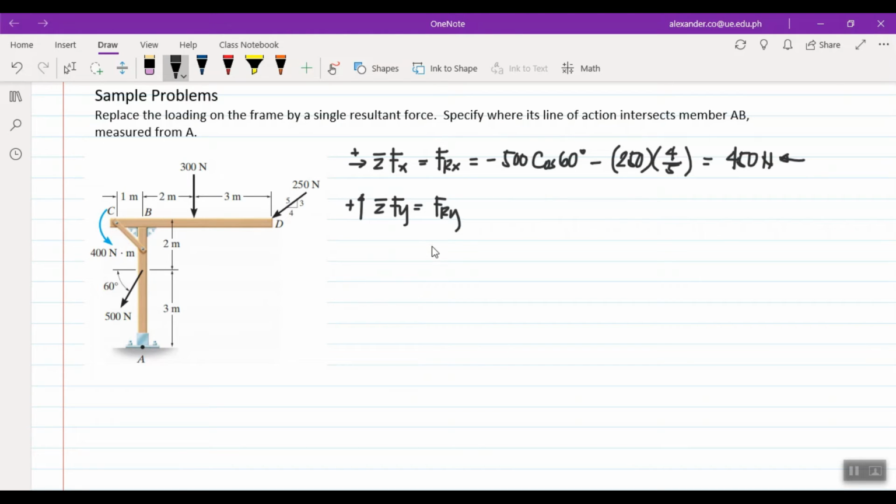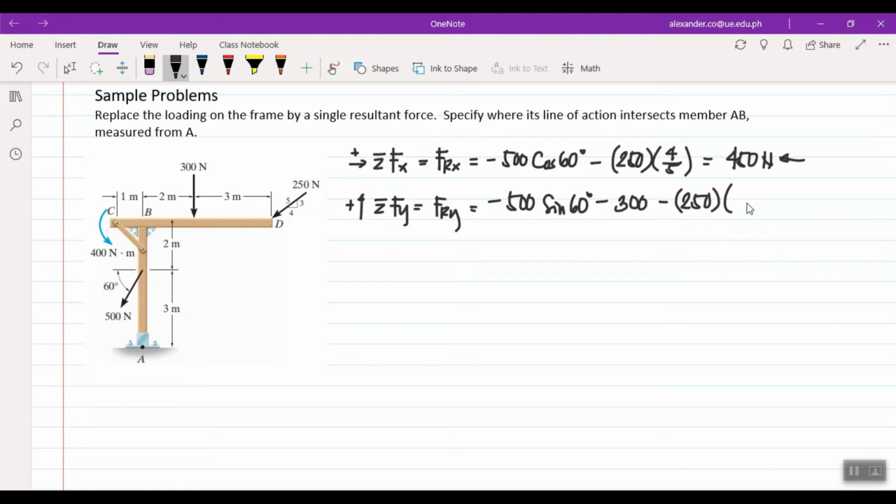Positive. So, unahin na natin again yung 500. So, it's still negative 500y. It's going down. But it's now a sine 60 degrees, minus 300, directly vertical, no? So, wala na siyang slope. Minus din 250.